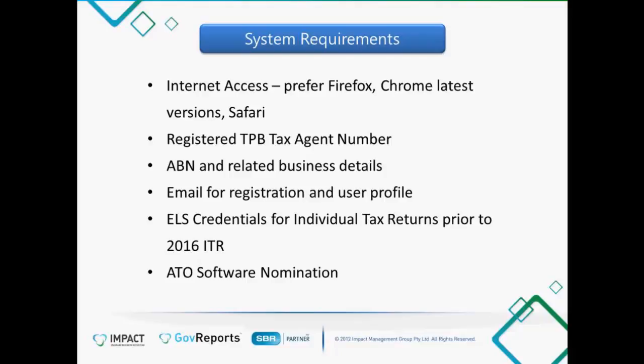So preferably you use Firefox, Chrome, or Safari. If you use others, just give us a call and check with us. These you can download free from the internet anyway.